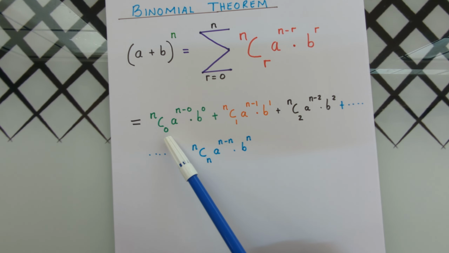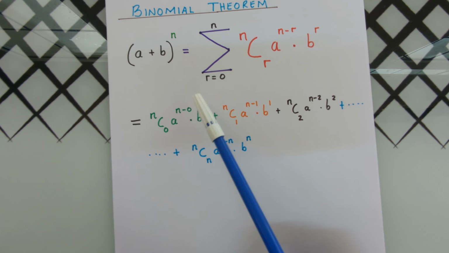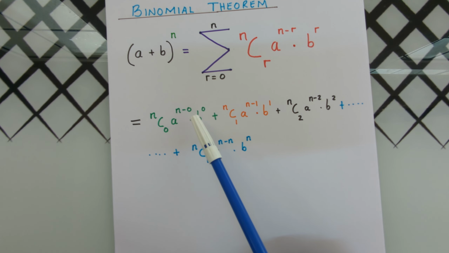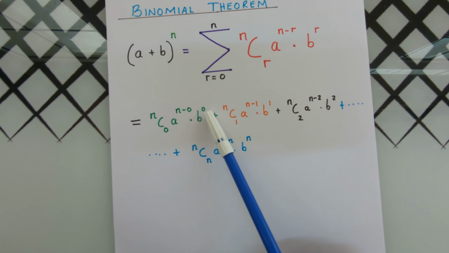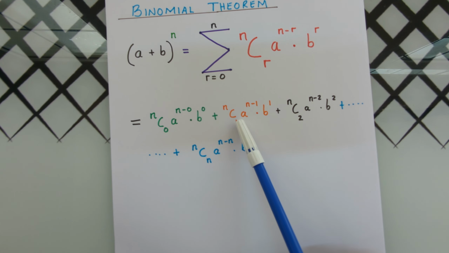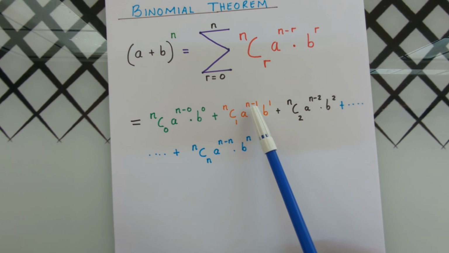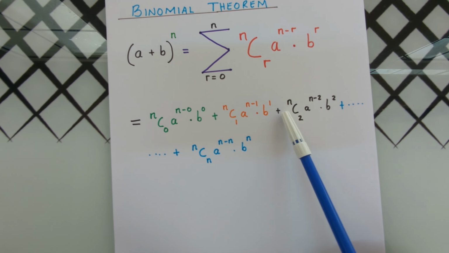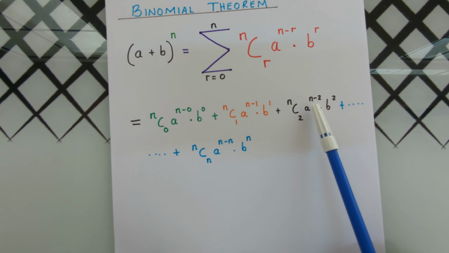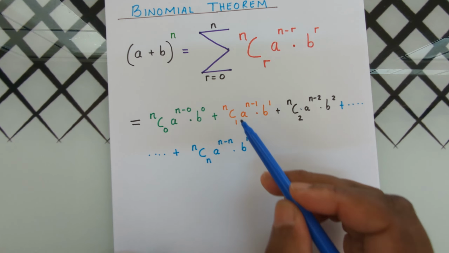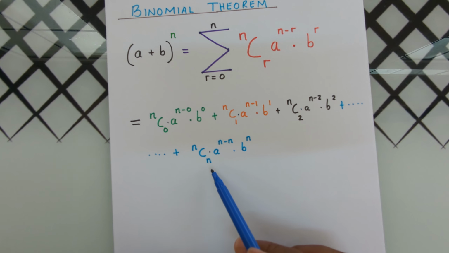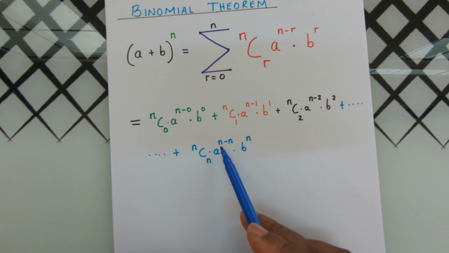So n choose 0 multiplied by a to the power of n minus r, and our r is 0, so it will be a to the power n minus 0 multiplied by b to the power of 0, plus n choose 1 multiplied by a to the power of n minus 1 multiplied by b to the power of 1, plus n choose 2 multiplied by a to the power of n minus 2 multiplied by b to the power of 2, and so forth, until we get to n choose n multiplied by a to the power of n minus n.